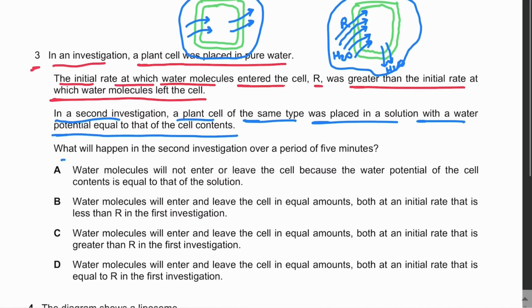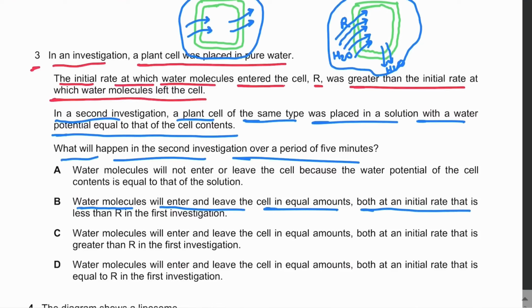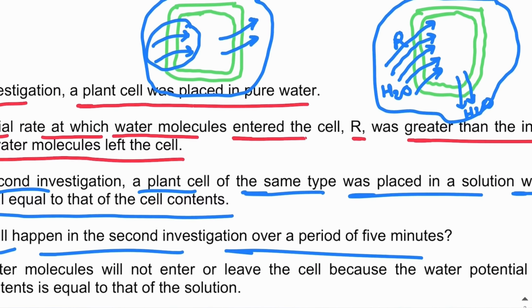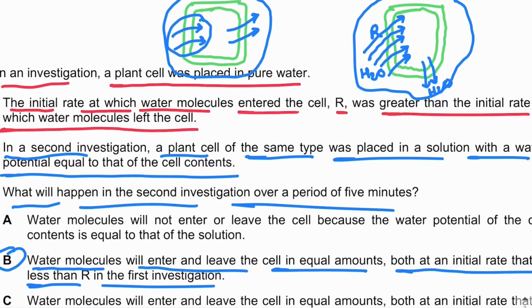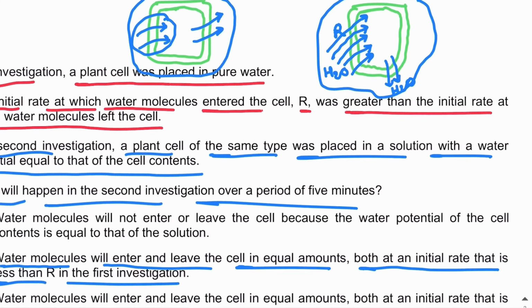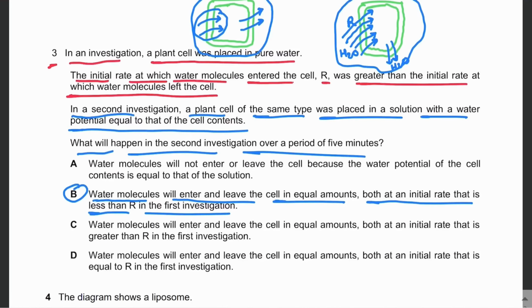So what will happen in the second investigation over a period of 5 minutes? Water molecules will enter and leave the cell in equal amounts. This is true, both at an initial rate that is less than R in the first investigation. Exactly. The rate of uptake of water in the cell when placed in a solution of equal water potential will be lower than the rate of water uptake into the cell when the cell was placed in pure water.